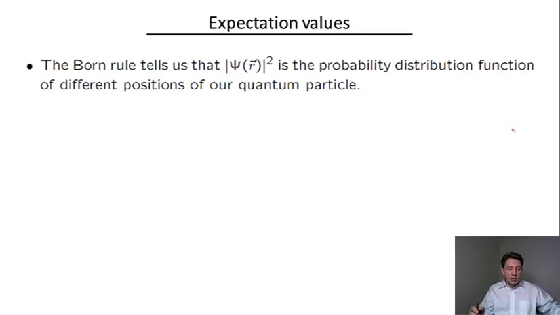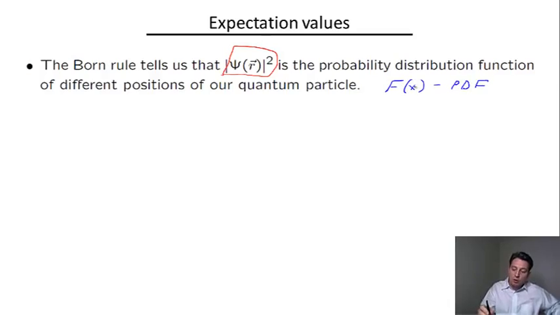The Born rule tells us that the absolute value of the wave function squared gives us the probability distribution function of different positions of a quantum particle. Now, in general, if we have a probability distribution function, let's say capital F of x of some random variable x, and we want to find the mean value, the expectation value of this x, what we're going to do is integrate x over all possible values weighted with this probability distribution.